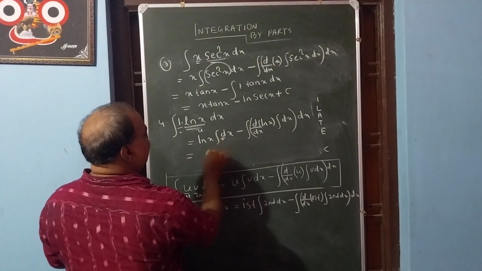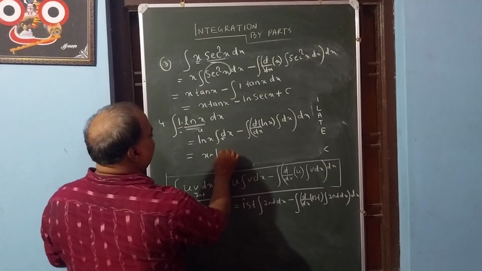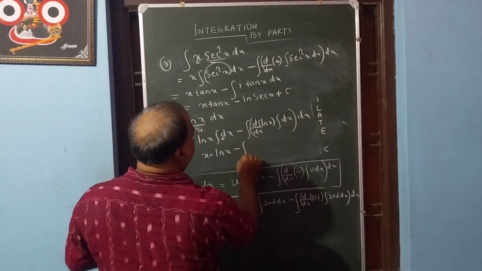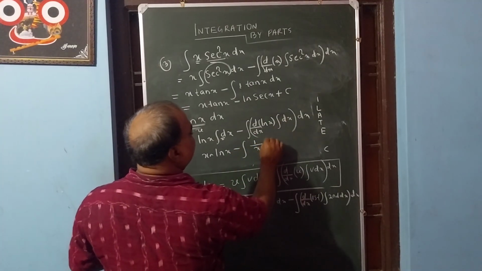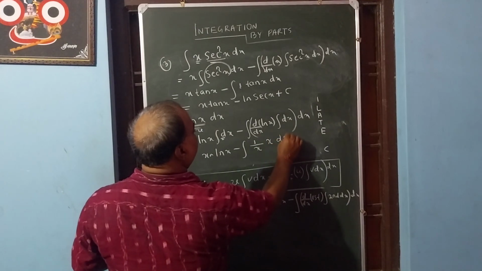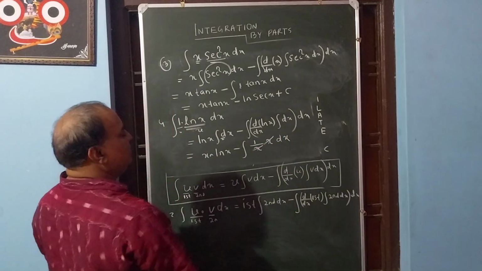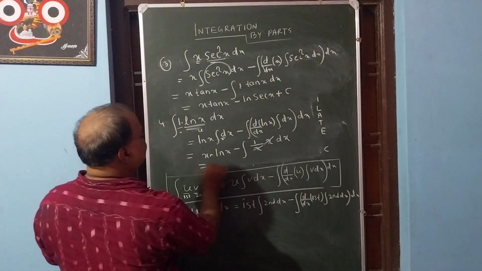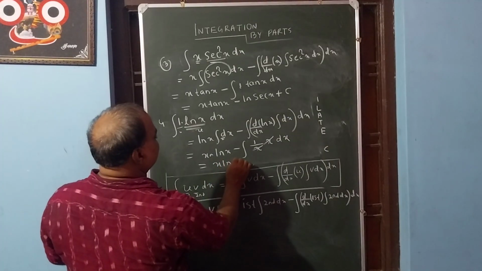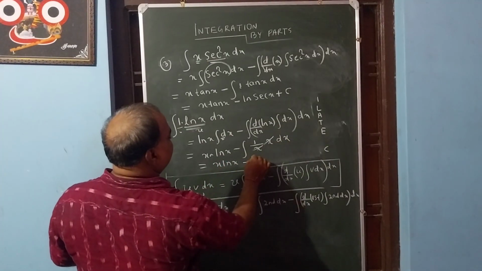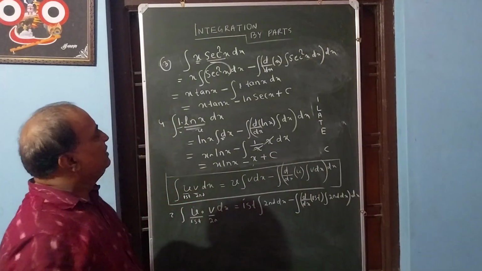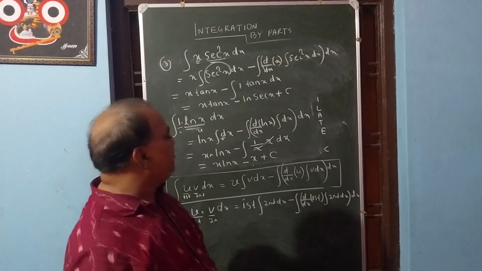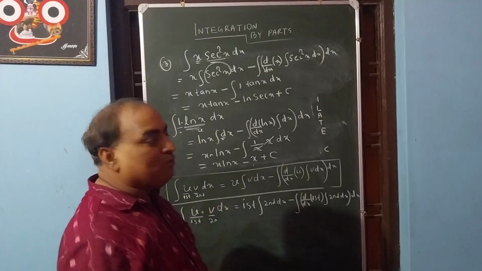So here it is x into ln x minus derivative of ln x, that is 1 by x, integration of dx, that is x into dx, x cancels. So the result will be x into ln x minus integration of dx, that is x, plus c.